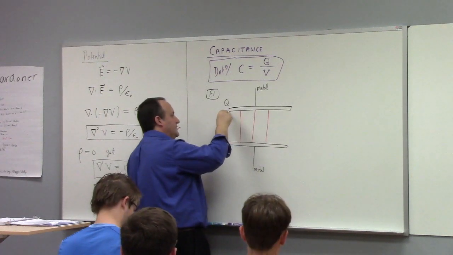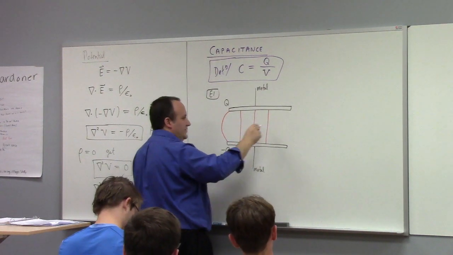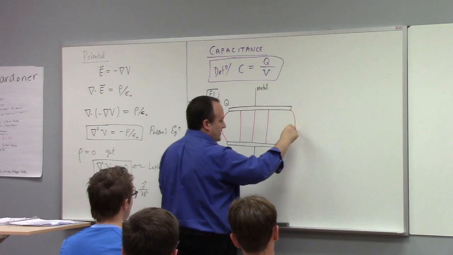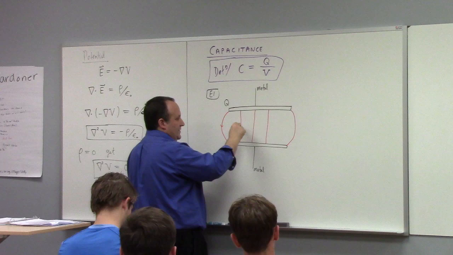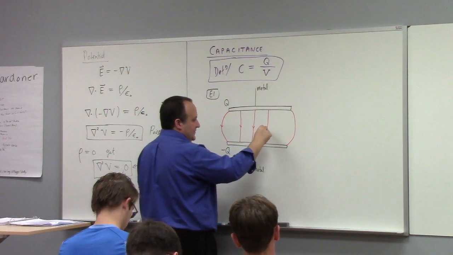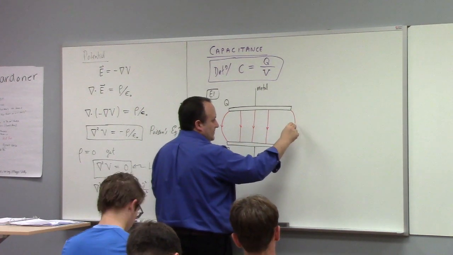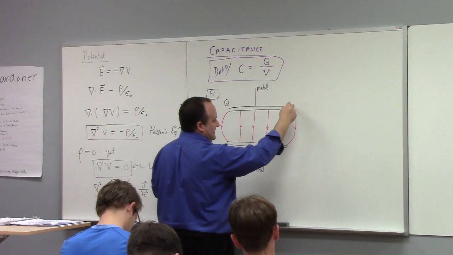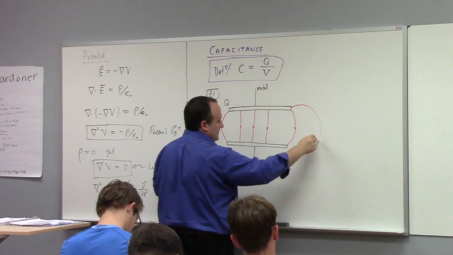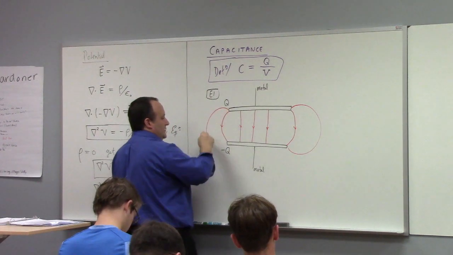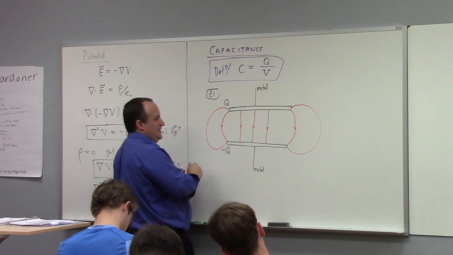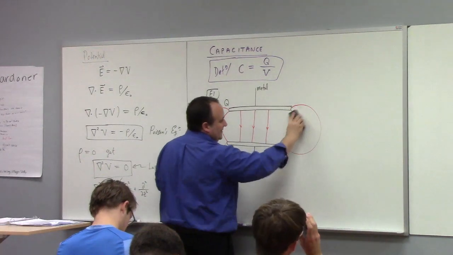Now, truth be told, and maybe you've done some of this in lab, you should see that they do bend around like that over there. And if you could somehow track it, they do all kinds of wonky stuff out here. But I really don't want to talk about that, so why am I writing it?